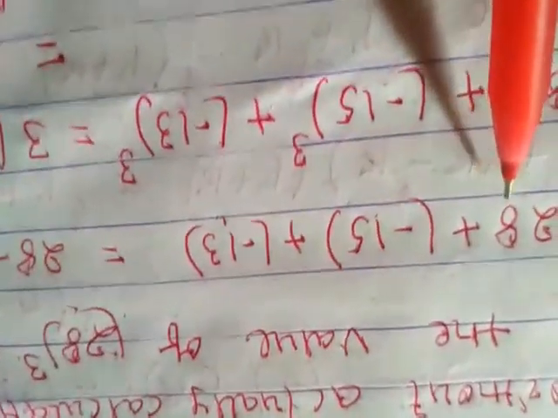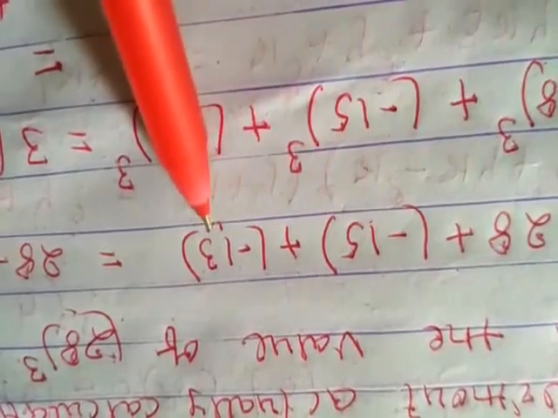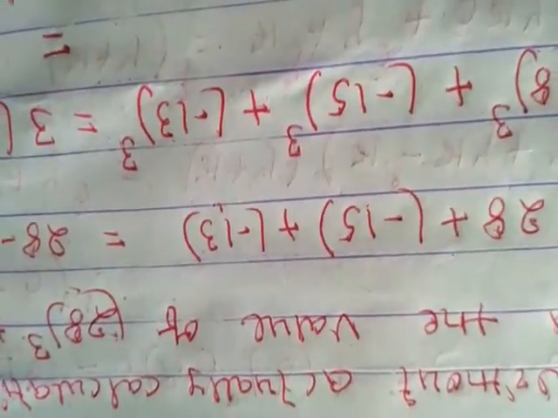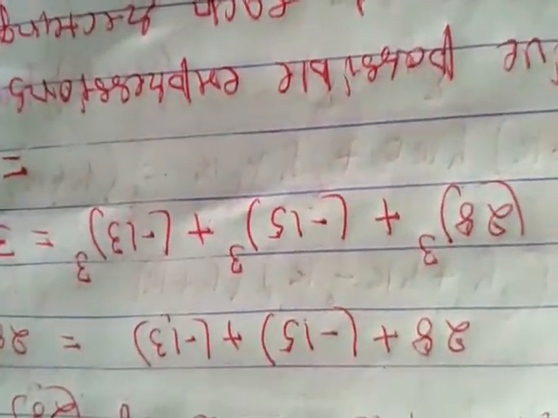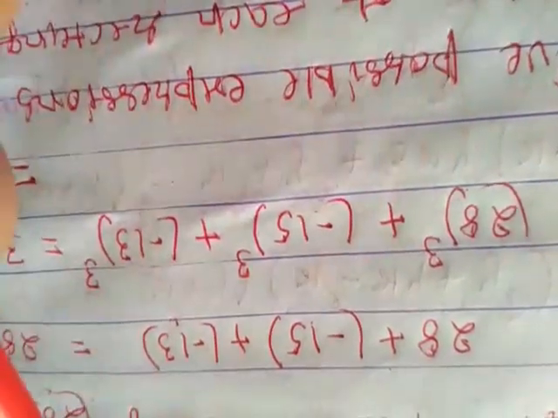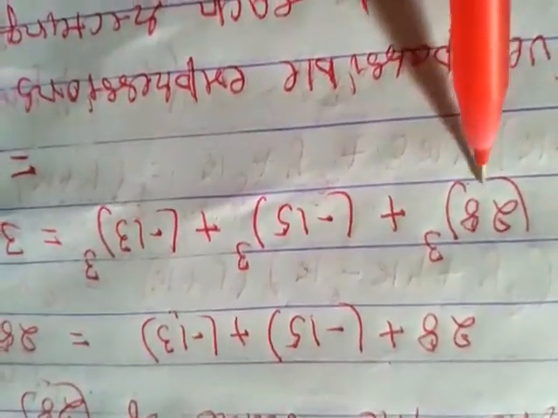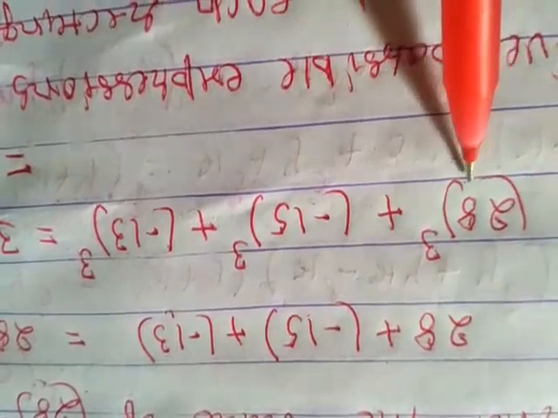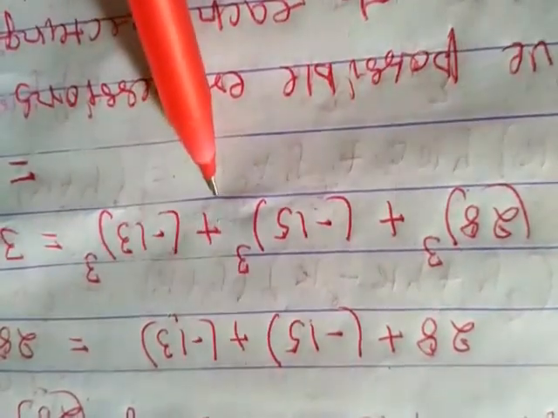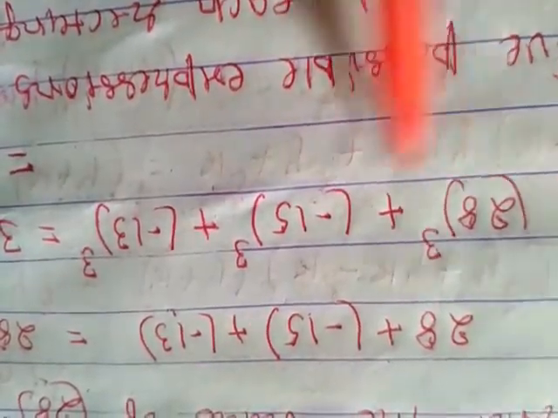So now we apply the formula which we have proved earlier, that if x plus y plus z equals 0, then x cube plus y cube plus z cube equals 3xyz.